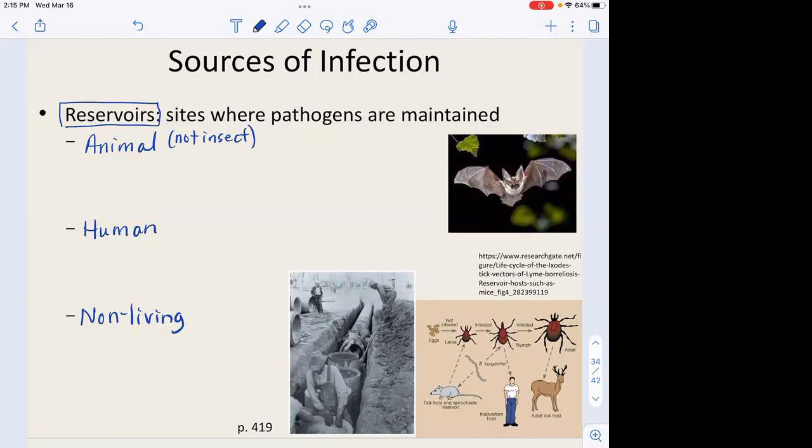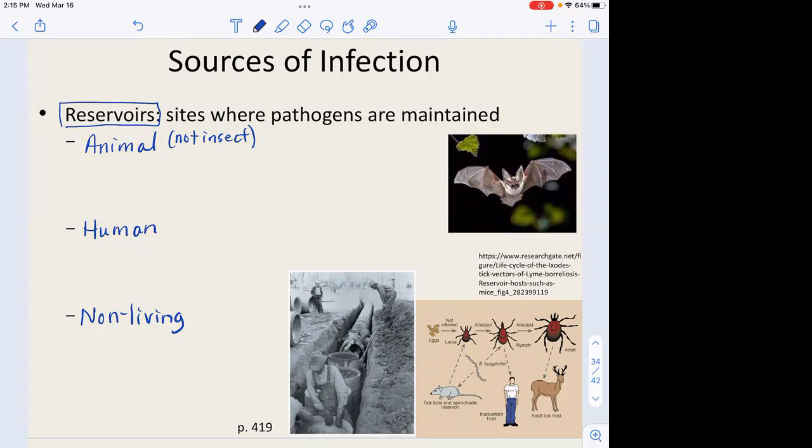So some kind of animal, like a bat, for example. Bats are reservoirs for a host of infections. There is good reason that most of us are naturally afraid of bats. Rabies is probably the first one that comes to mind, but bats live communally, right on top of each other.